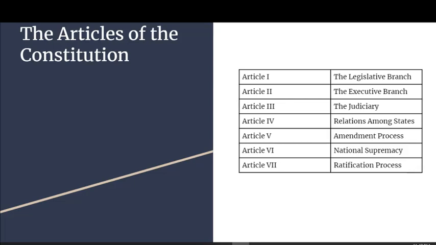Article 6 is the Supremacy Clause, saying that the federal government is supreme and all national law is supreme over states, which is also known as national supremacy. And Article 7 describes the ratification process, similar to the amendment process, to ratify the document itself.